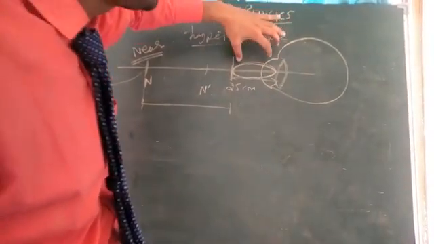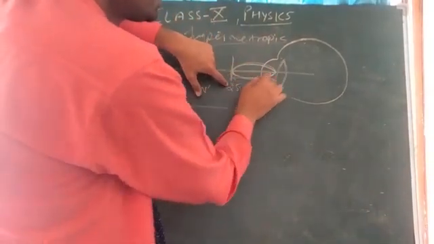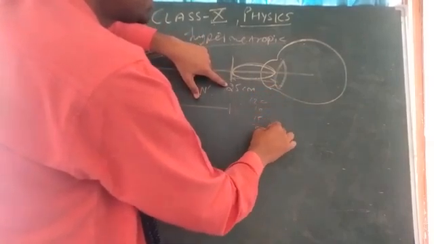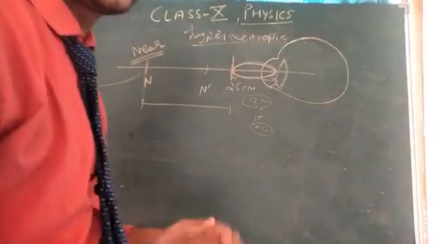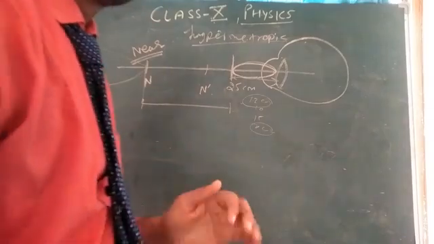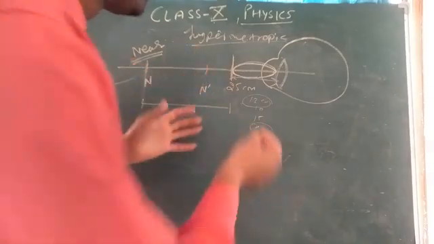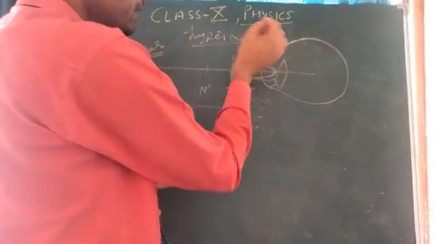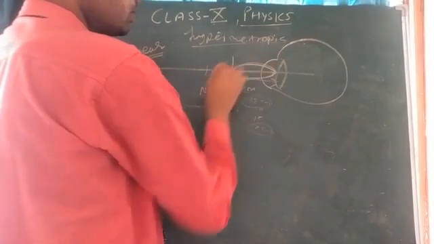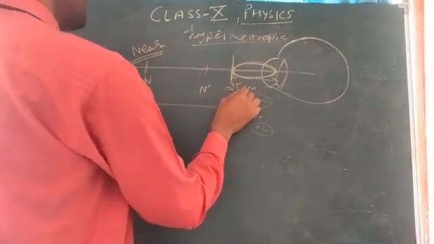Okay, so for a normal eye, the suitable region is 25 and infinity.